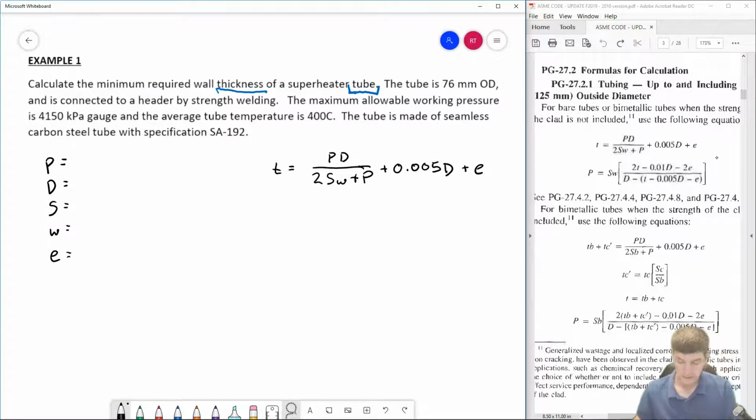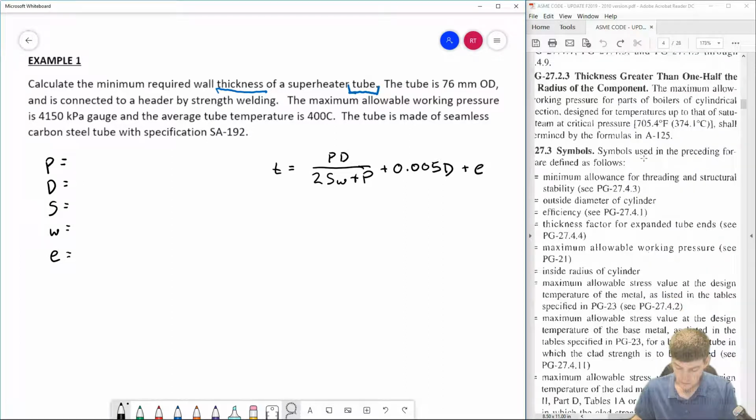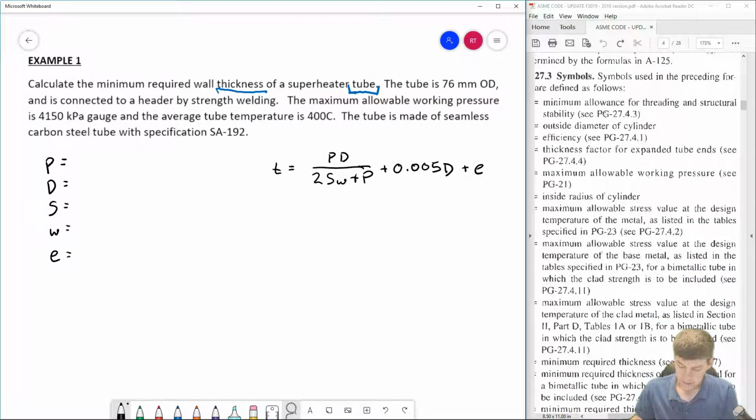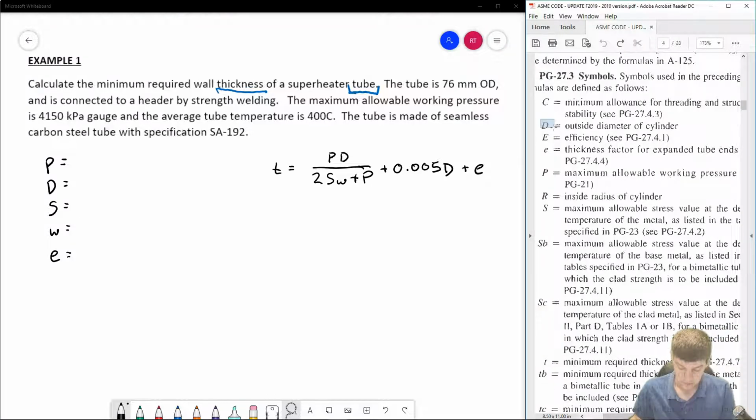Okay, so if I'm not 100% sure what they are, I can always go through my code and get to my symbols. So for instance, if I wasn't sure what D was, I could always go and find that it's the outside diameter, or else I can find, for instance, my S, so it's the maximum allowable stress, and we're going to have to go and find those values.